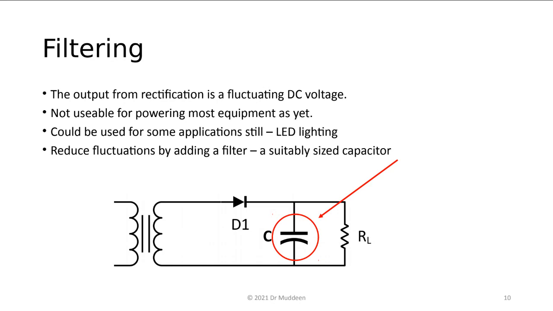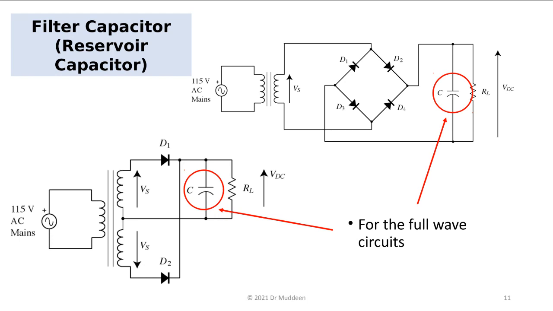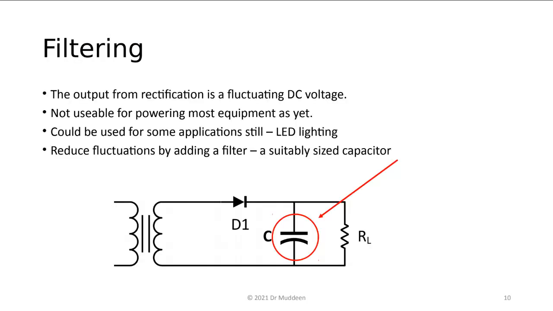So what we do to reduce that is we put a capacitor, as a couple of people pointed out before. The capacitor, in fact, is going to work as something called a filter. In the case of the half-wave rectifier, the capacitor goes right here after the diode, between the diode and ground.